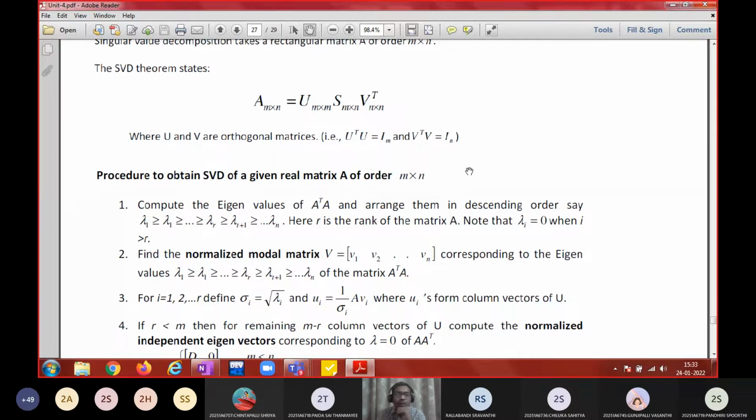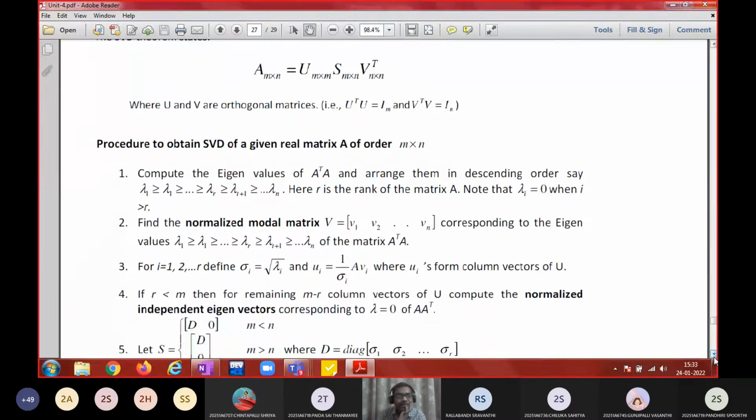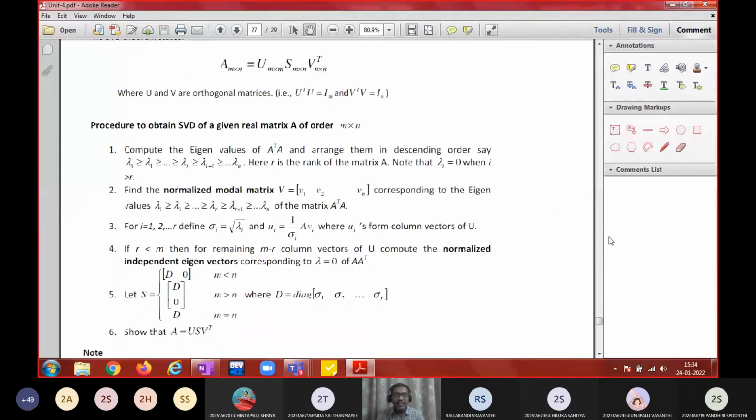So when a matrix A is given, you find A transpose A and A A transpose. You just see what the orders of A transpose A and A A transpose are. So if A is a matrix of order m by n, what is the order of A transpose?